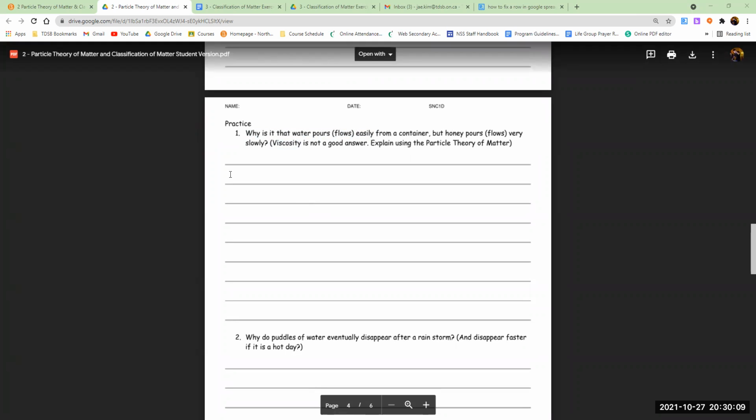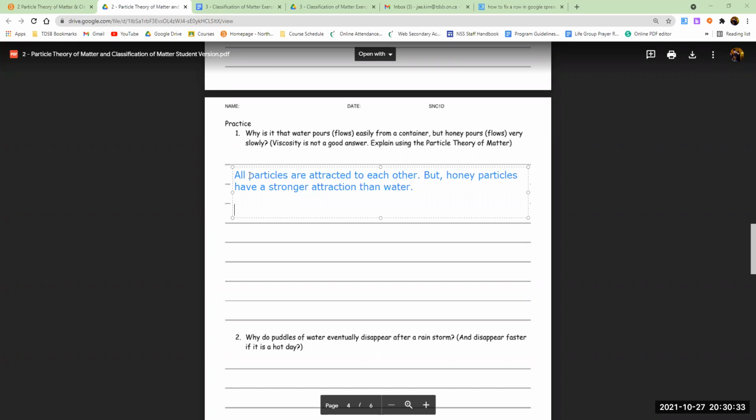So here's an example. Again, you are referring to one of the 5 bullet points that we made. All particles are attracted to each other, but honey particles have a stronger attraction than water. So that's your explanation. It's not just viscosity, but why is it more viscous?